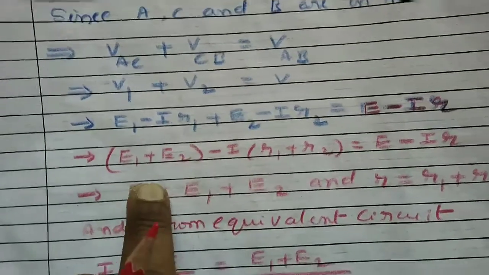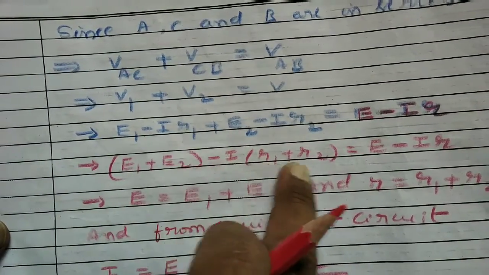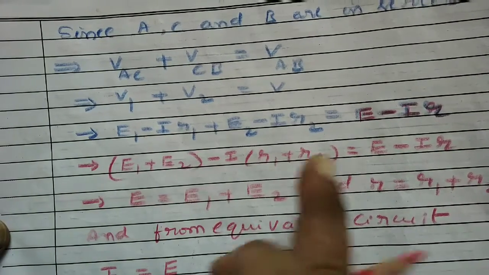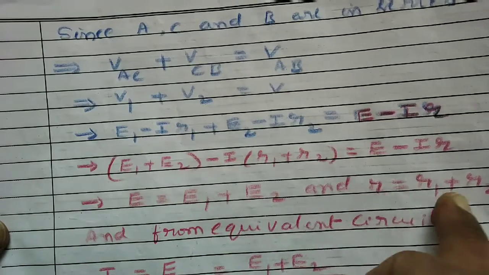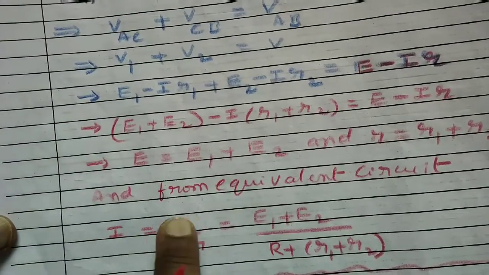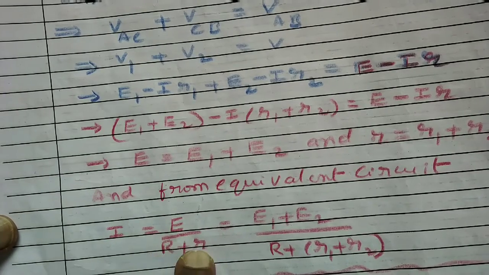So from this, E1 plus E2 minus I into R1 plus R2 is E minus IR as such. Now, if you compare this, E is equal to E1 plus E2 and R is equal to R1 plus R2. And from the equivalent circuit, current is equivalent EMF E by R plus R.